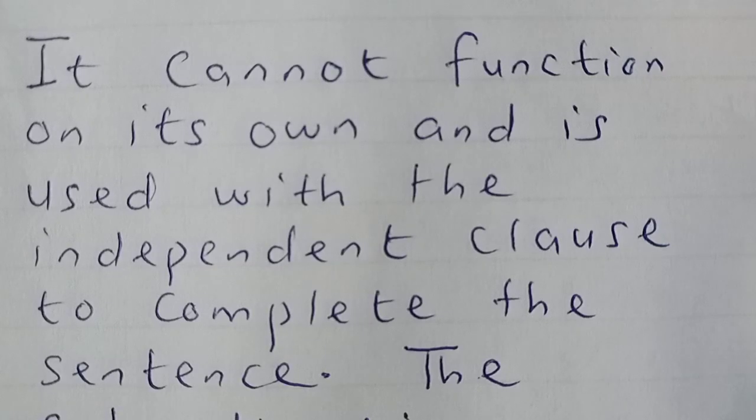That means that in the case of the dependent clause, it cannot make complete meaningful sense as a sentence, and it is used alongside the independent clause to complete the entire sentence.